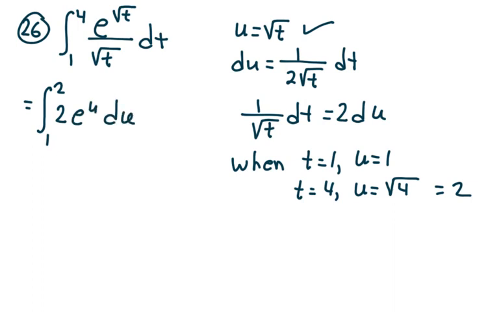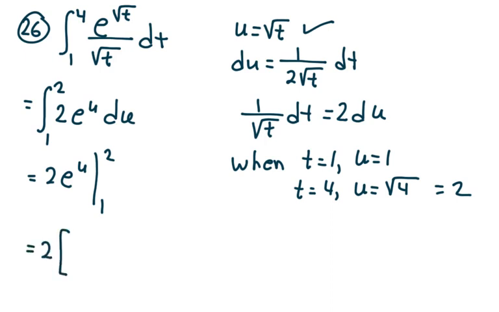Okay? And this is 2e to the u evaluated from 1 to 2, which I'm going to pull the 2 out. If I plug in 2 for u, I get e squared. If I plug in 1 for u, I get e. So I get 2 times the quantity e squared minus e.